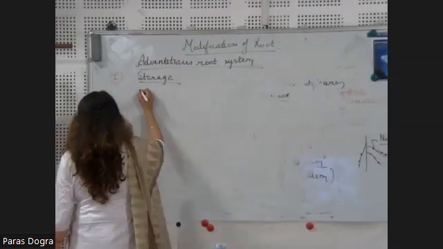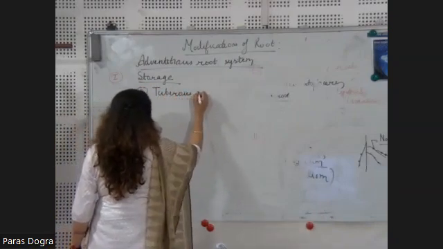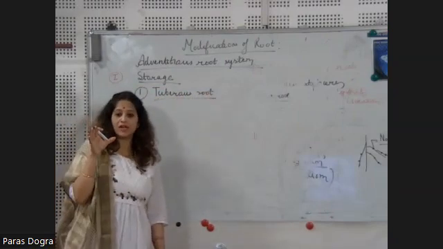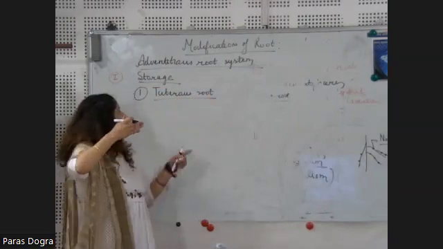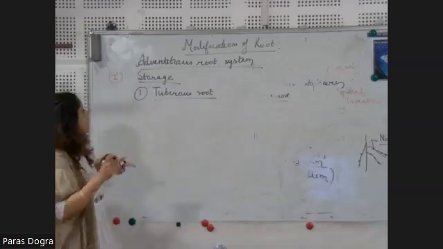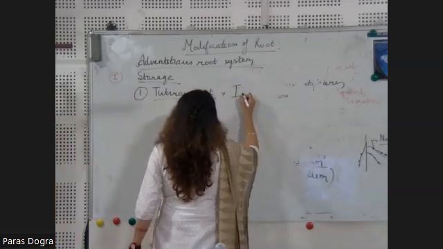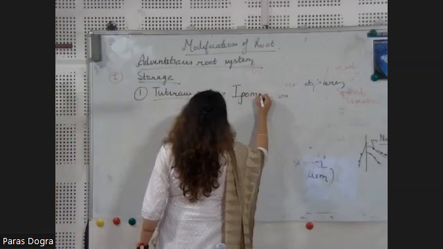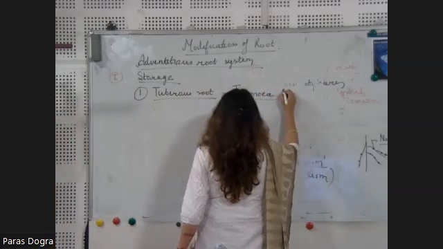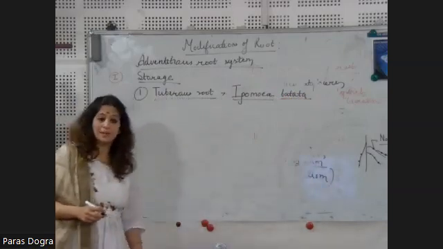So the very first example here is again tuberous root. We also saw tuberous root when we studied taproot. There, the taproot got modified to form tuberous root in the case of the four o'clock plant. But here tuberous root is seen in a very important plant called Ipomoea batatas, locally called shakarkandi, sweet potato.